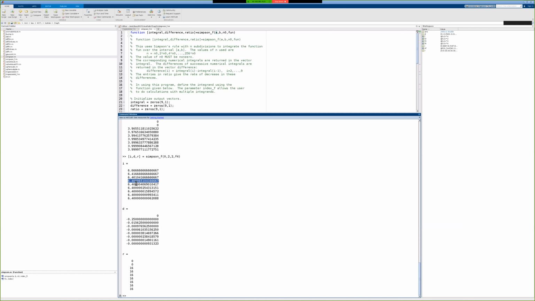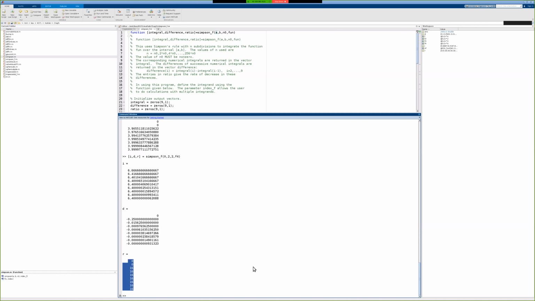So it does seem that Simpson's method works better and faster, and if you do it for 9 iterations, you get it to much greater accuracy, right? Much more significant digits. Another thing to note, the ratio between successive differences in this case is 16.